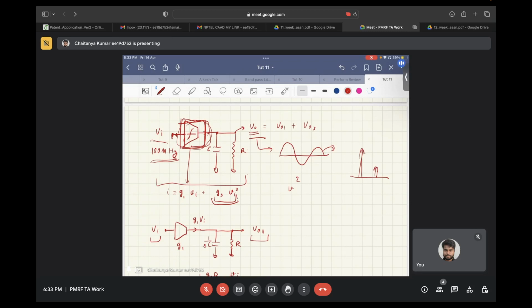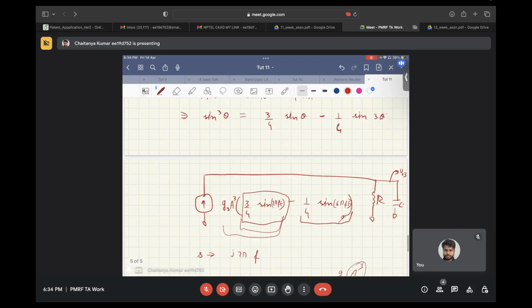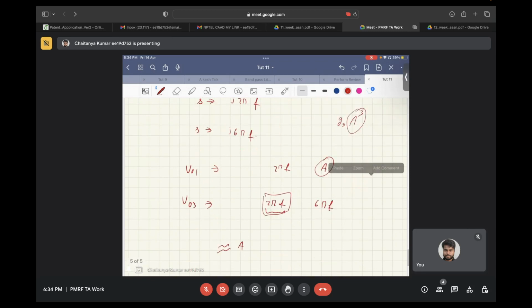In the frequency spectrum, you will have both the tone at 1 kilohertz as well as 3 kilohertz. The magnitudes of these tones you have calculated already as V01 and V03. Correct?